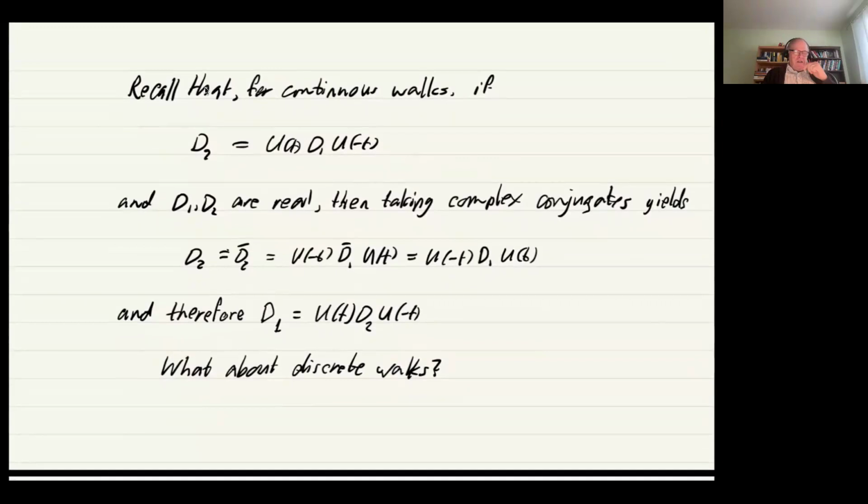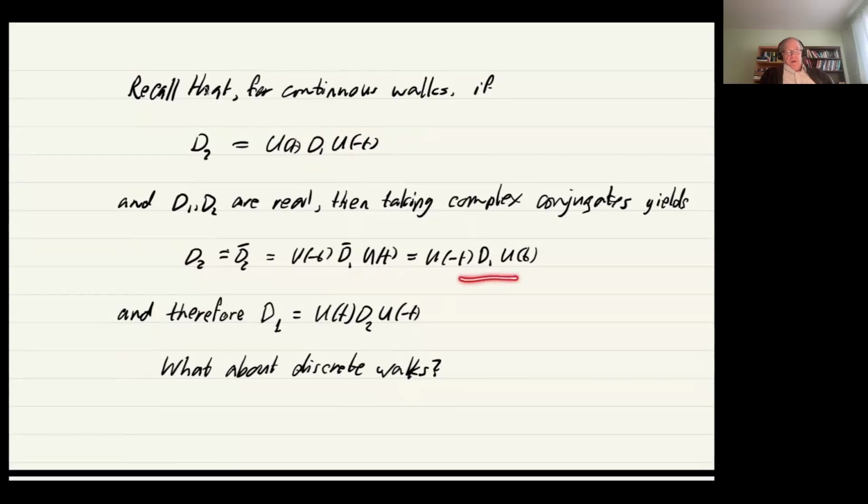I'm going over one of the reasons that discrete walks can be trickier than continuous walks. Now, for continuous walks, if we have D1 going to D2 at time t, and D1 and D2 are real, and you take complex conjugates, then D2 is equal to its own complex conjugate. Complex conjugate of U(t) is U(-t). Complex conjugate of D1 is D1 bar, but that's equal to D1, and U(-t) goes to U(t).